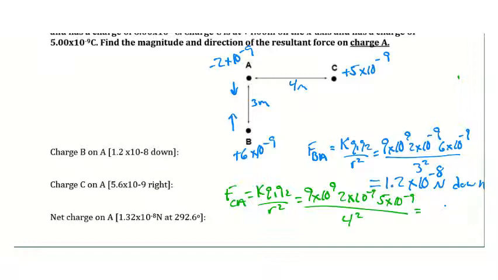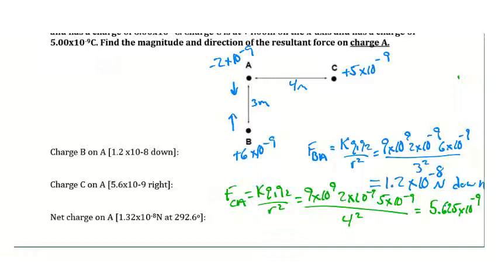So we have the constant, 9 times 10 to the 9th, 2 times 10 to the -9 is the charge of charge A, and 5 times 10 to the -9th is the charge of charge C. So go ahead and type that into your calculator. And we get 5.625 times 10 to the -9.